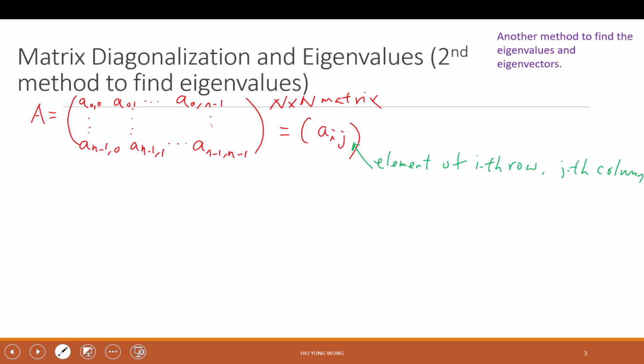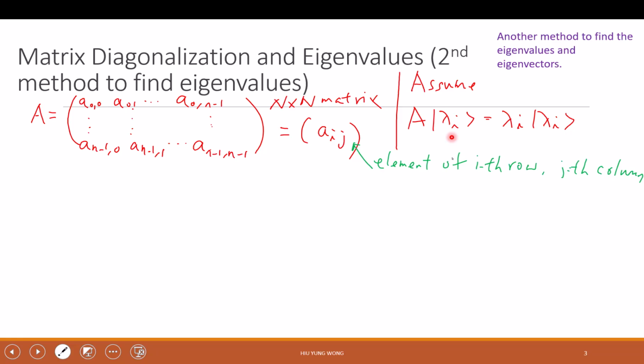And then we also assume A|λi> equals λi|λi>. If I tell you λi is a scalar, then what is the meaning of |λi>?